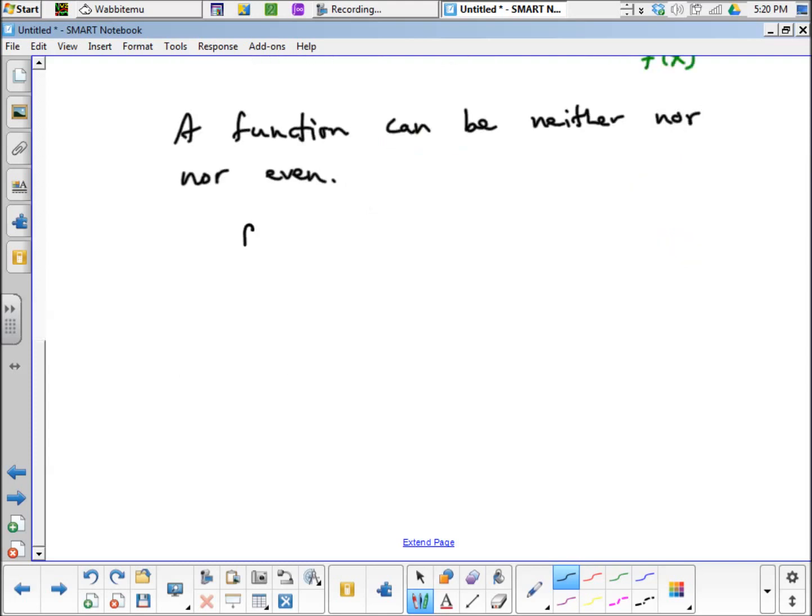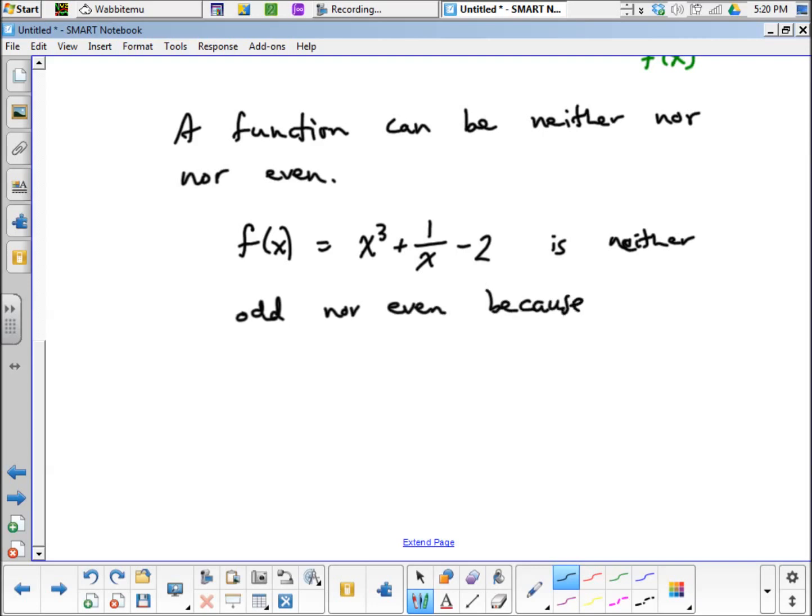Let's say I gave you a function, and it was x to the third plus 1 over x minus 2. Okay? This is neither odd nor even. Why? Because, let me show you why.